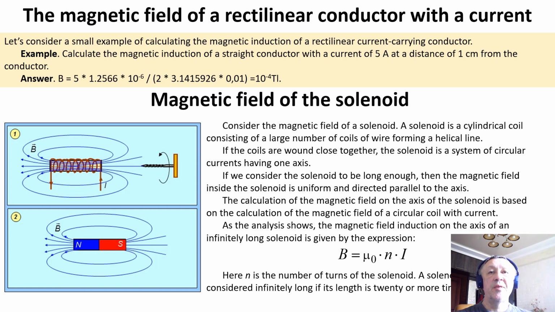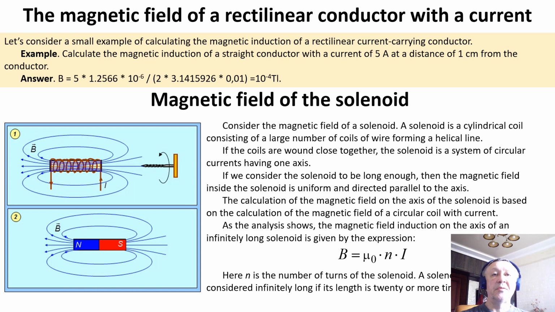If we consider the solenoid to be long enough, then the magnetic field inside the solenoid is uniform and directed parallel to the axis. The calculation of the magnetic field on the axis of the solenoid is based on the calculation of the magnetic field of one circular coil with current in it.